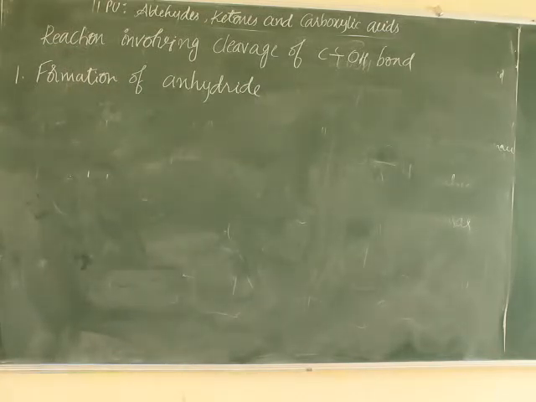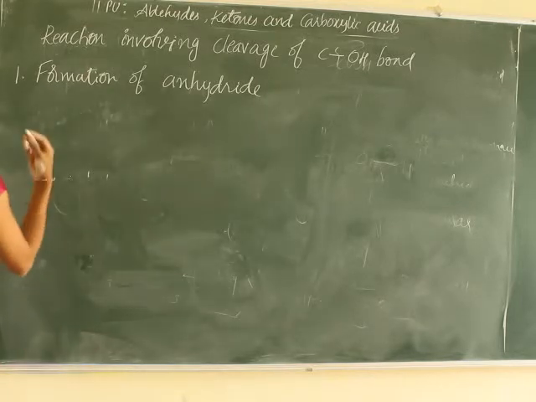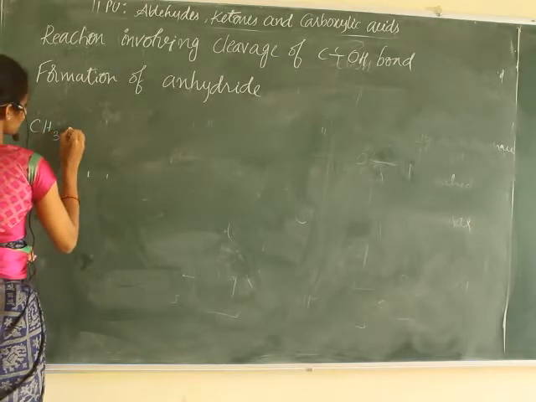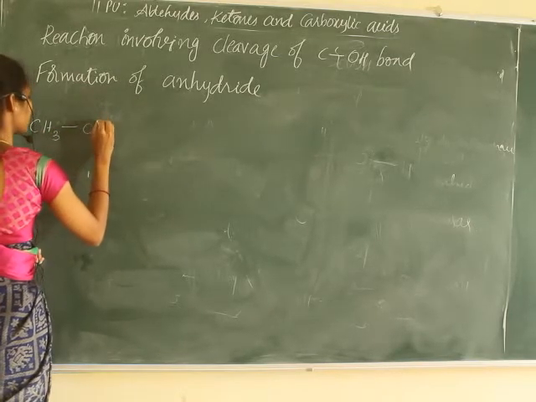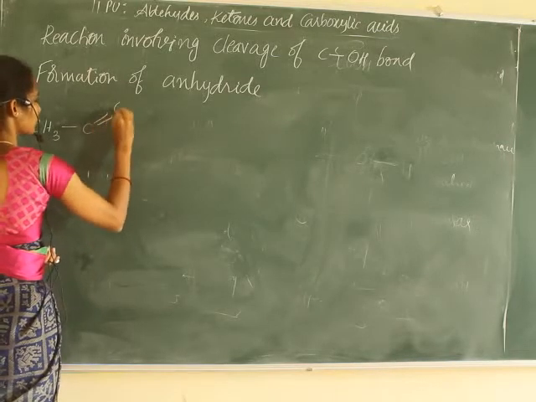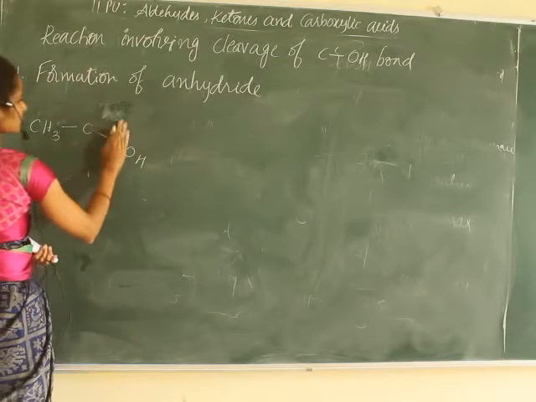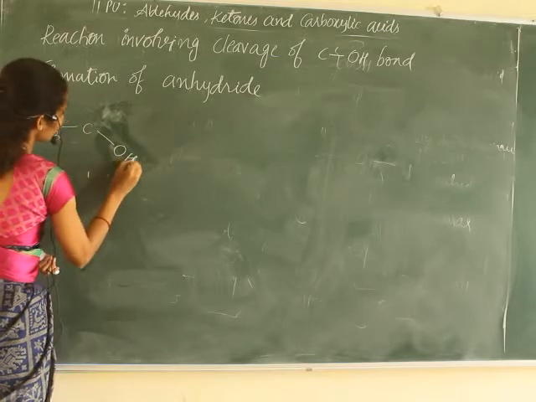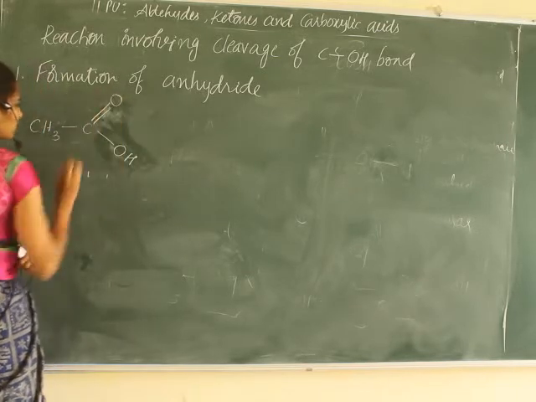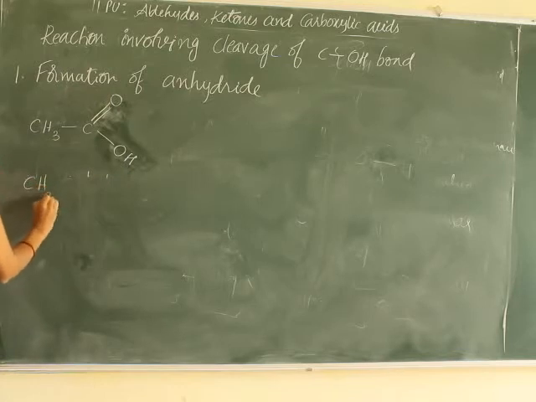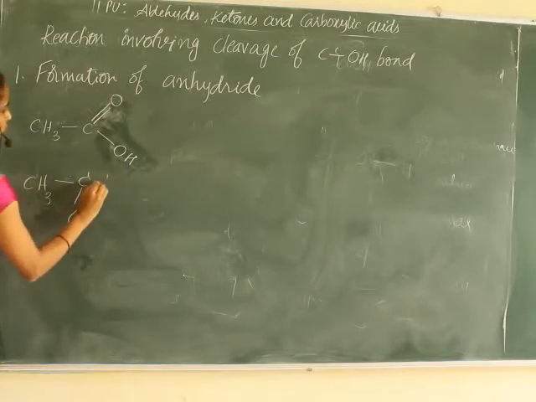Carboxylic acid on heating with mineral acids like sulfuric acid or with phosphorus pentoxide gives anhydrides. That is, one carboxylic acid, and in a simple way I will write it so that you can easily write the product, and another carboxylic acid, C double bond O, OH.